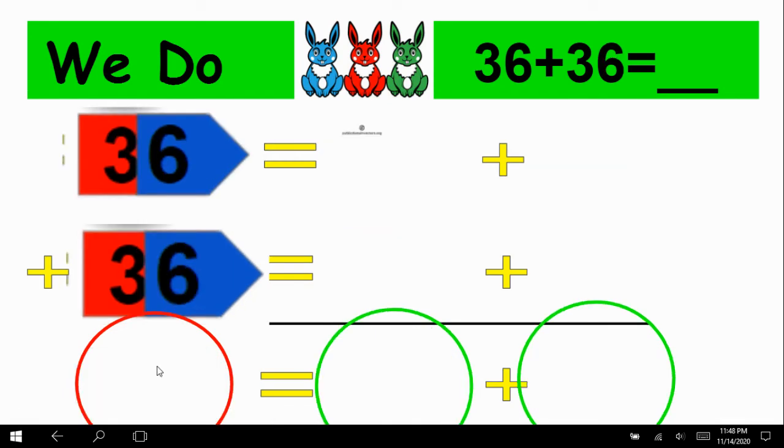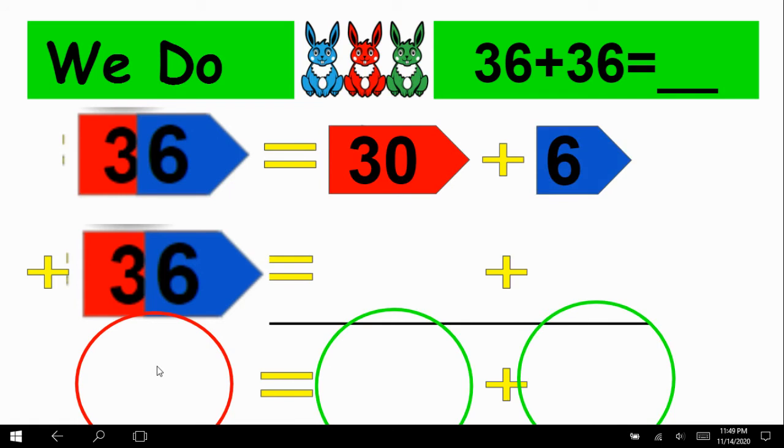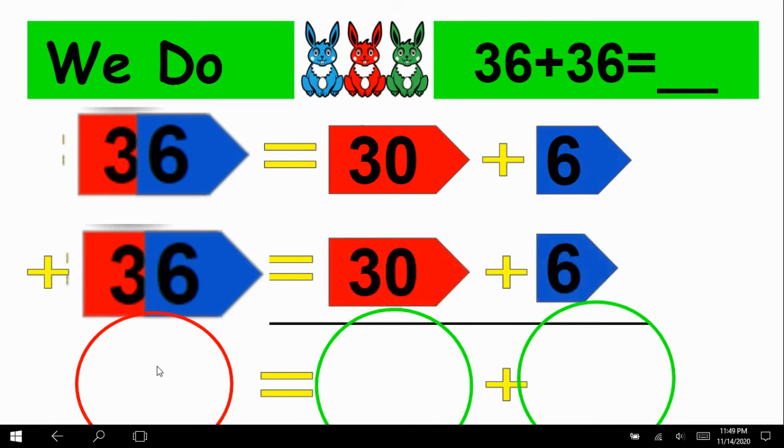Now let's do another we do. We do 36 plus 36. We're going to start with the first step, which is to expand the form. Yeah, we're going to expand that number. 36, we'll have 30 plus 6 plus, yes, 30 plus 6 more.